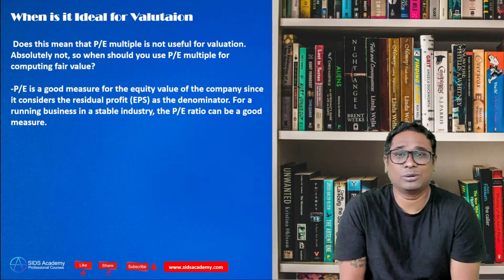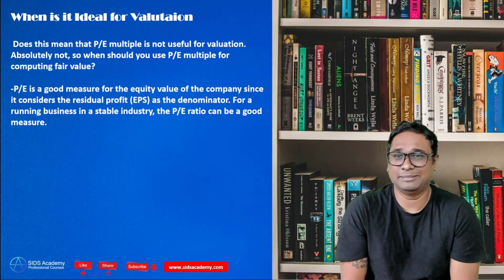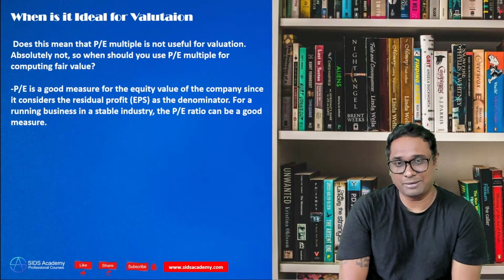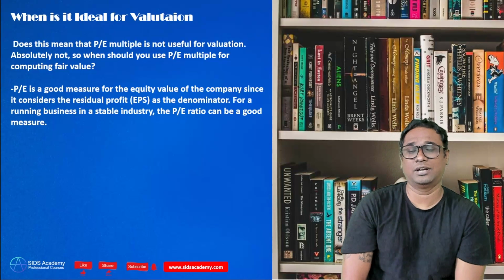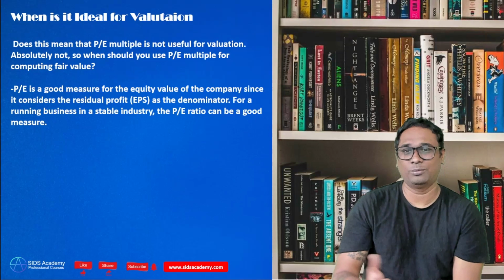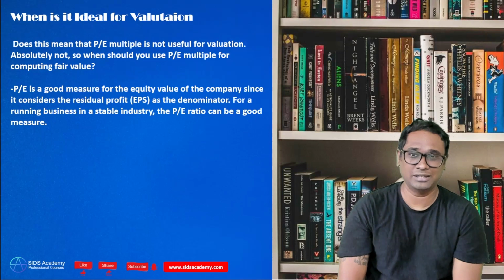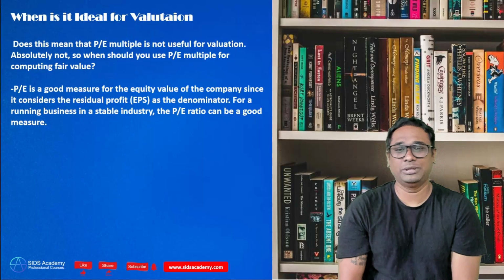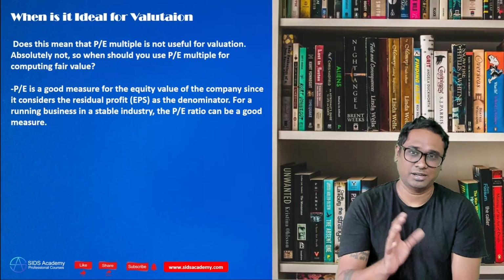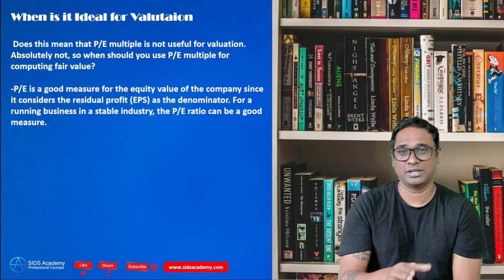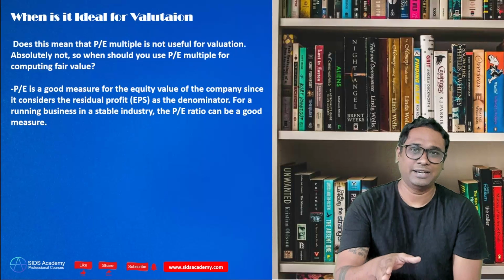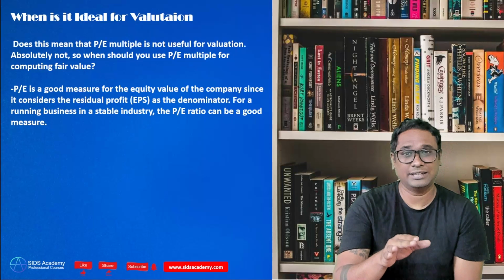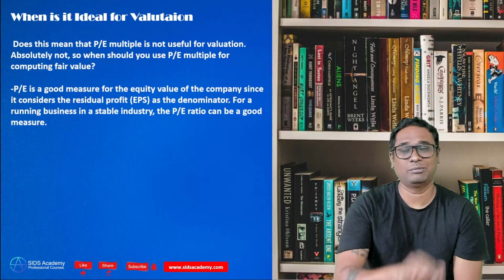So P multiple could be a good basis for valuation when the company has been working in a stable environment, has been doing its activity for so many years in a stable industry, has a stable capital structure, etc. You can take PE multiple as a primary mode of valuation in a company when it is working in a stable industry and has a stable business.